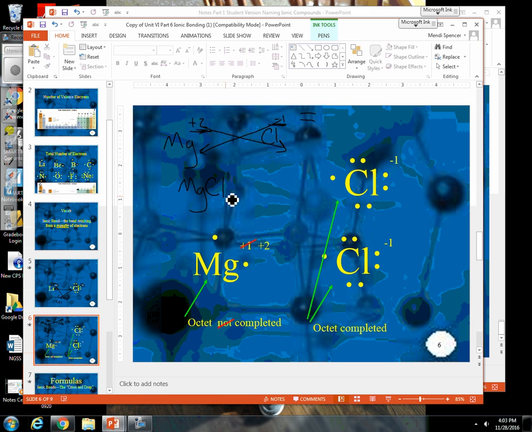So you will give chlorine that 2 subscript. Now, this is the same as saying that we now have 2 chlorines bonded to 1 magnesium. So +2 -1 -1 will now give us that overall charge of 0. If the charge of your compound equals 0, you know that you have written your formula correctly.